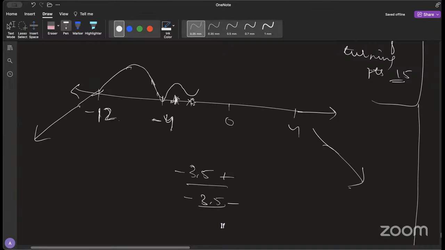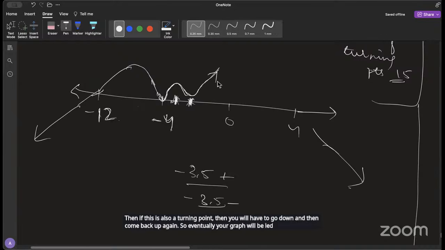If you have two turning points here and here, you will first go up because this is a turning point. For you to have a turning point here, you'll have to go up and then come back down again. Then if this is also a turning point, you'll have to go down and then come back up again. So eventually your graph will be led here, right? But I want my graph to turn down because it has to meet here, right?